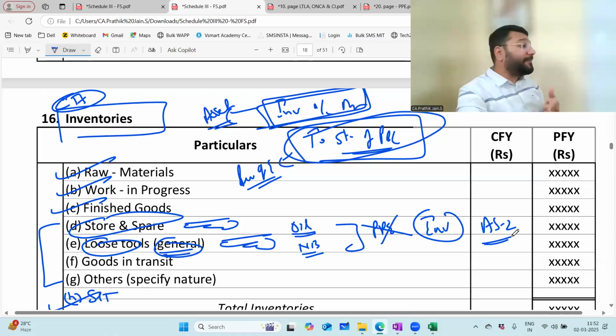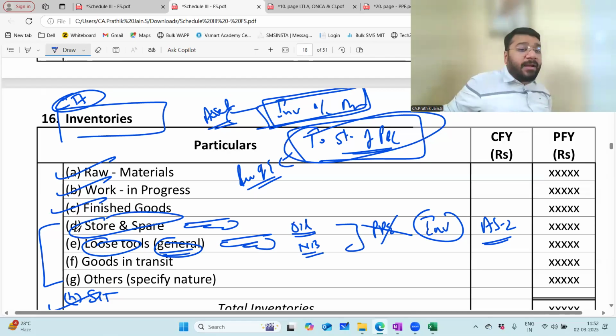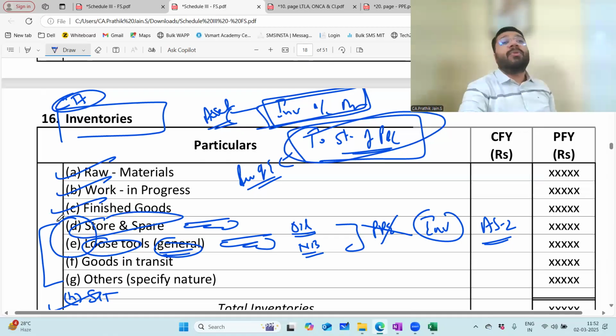It goes to PPE. But if there is any spare part which is general in nature, I can use it for any purpose, then it becomes my inventory. So based on the compulsion of accounting standard 2, these stores and spares and loose tools are now reclassified under inventory. Am I loud and clear?